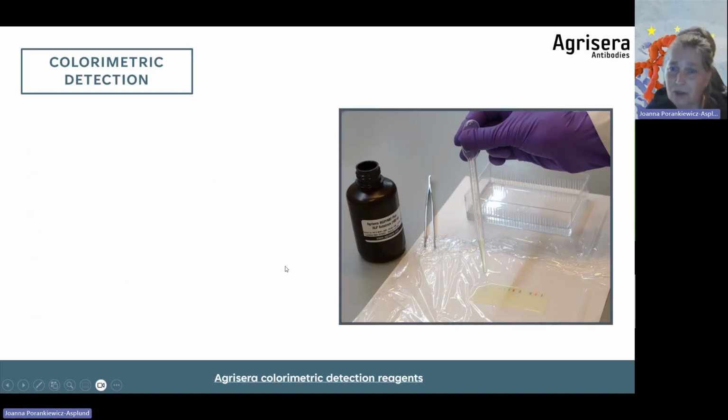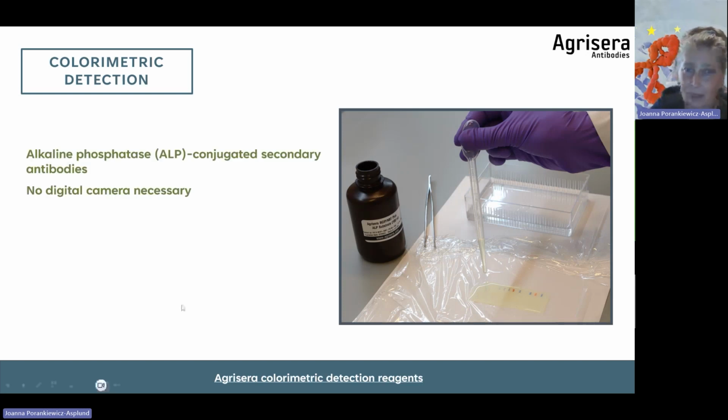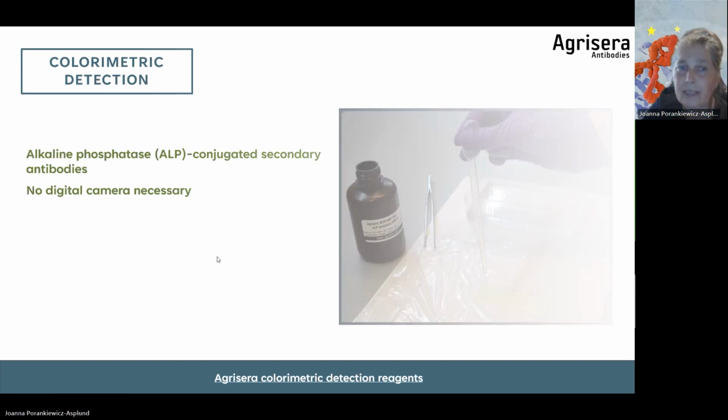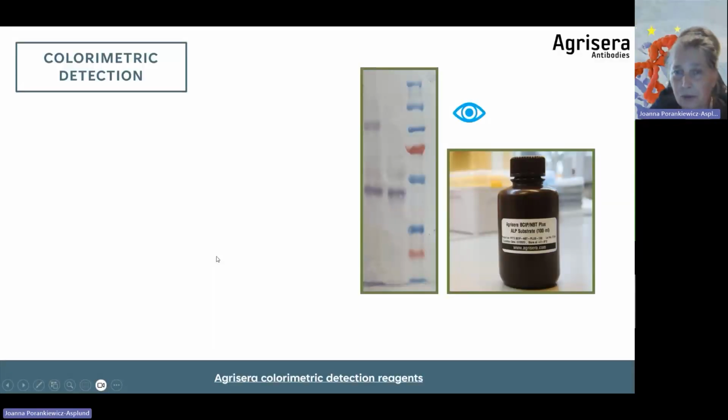And then we have also a third detection method, which is a chromogenic detection method, where we do not need any CCD camera. We are using a secondary antibody conjugated to so-called alkaline phosphatase, and we can visualize the target protein, and it is an inexpensive and fast method.